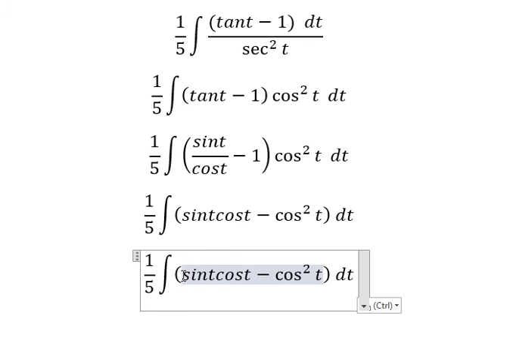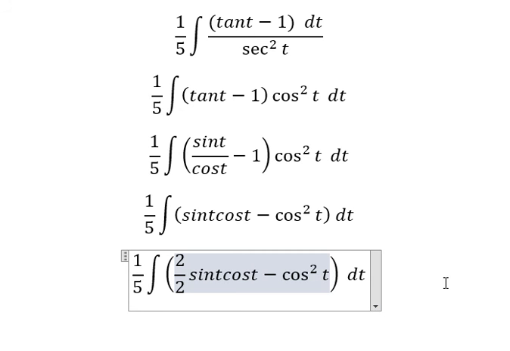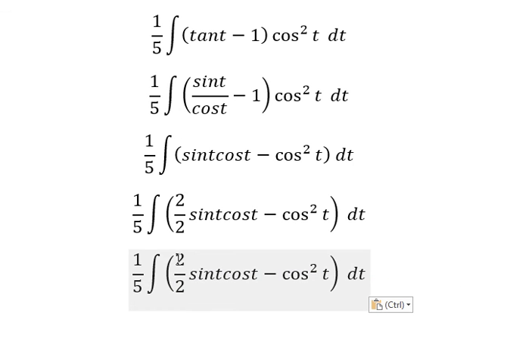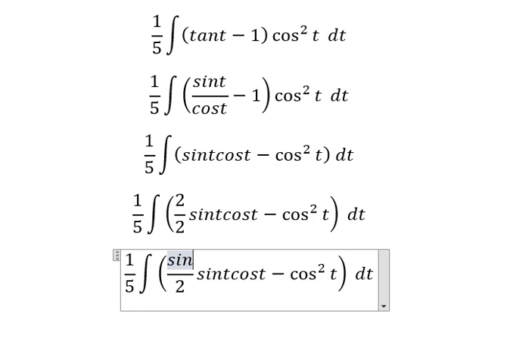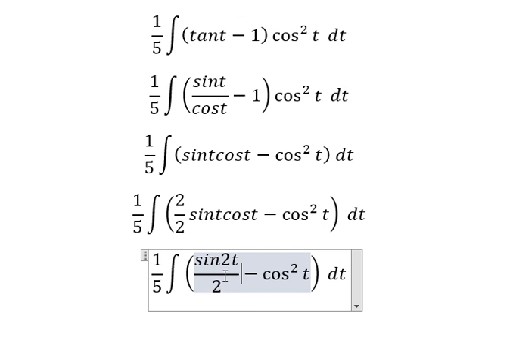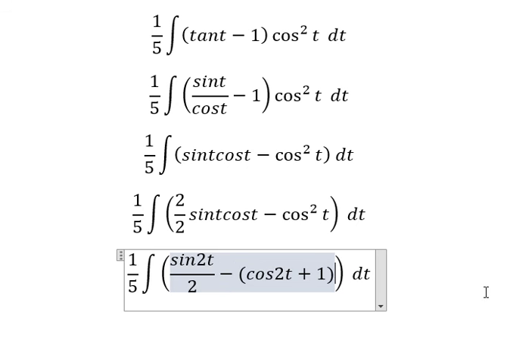So I will put number 2 over 2 in here. The reason I need to put number 2 over 2 is because 2 sine t cosine t is sine 2t. Cosine t square, we will change for cosine 2t plus 1 over 2.